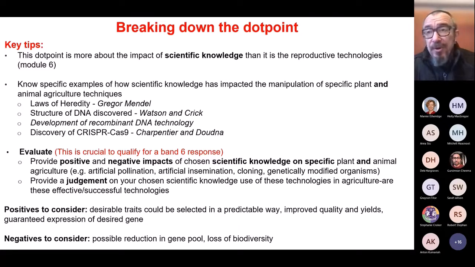From that we went on to discover that DNA is common to all life forms, which then led to the development of recombinant DNA technologies, where we can produce transgenic species. And more recently, all the rage at the moment is CRISPR-Cas9, which has certainly made an appearance in recent HSC questions as well. So again, it's about understanding how these developments don't occur in isolation. It's that incremental impact of scientific knowledge that has come to the forefront in the development of these reproductive technologies.